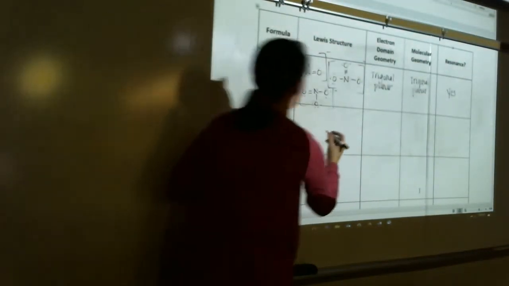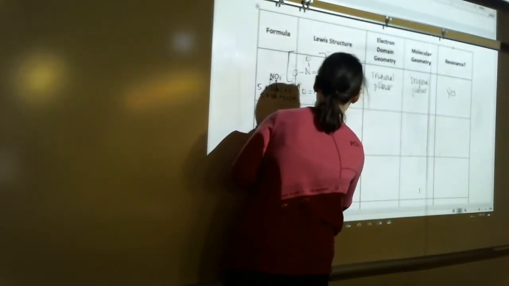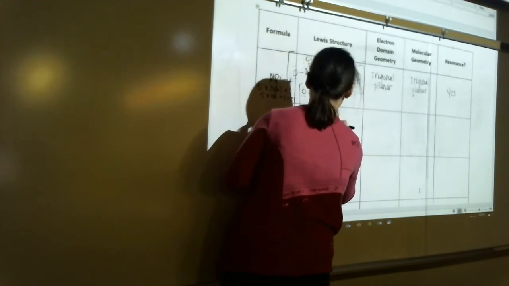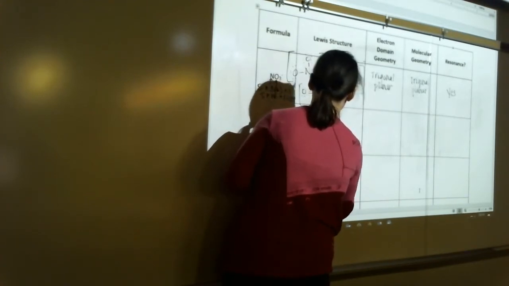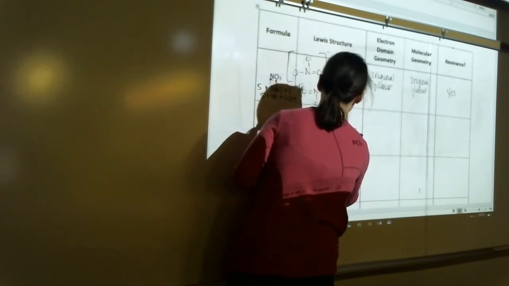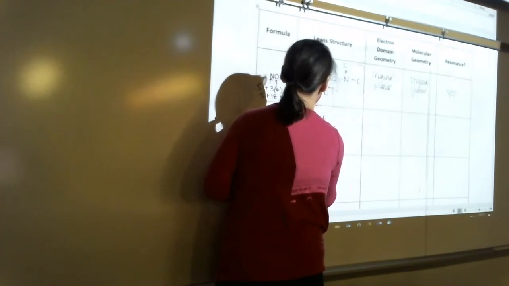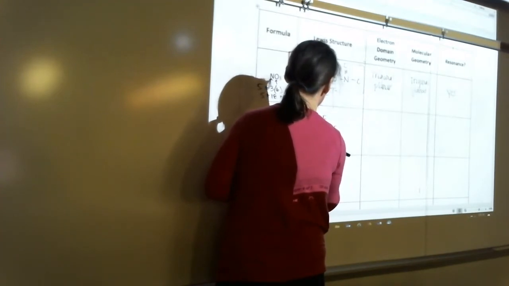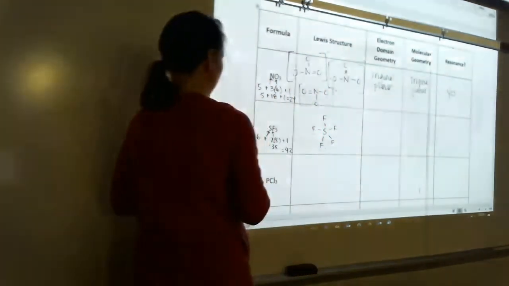Sulfur. Right. 1, 2, 3, 4, 5. Let's do 4, 6, 8, 10, 12, 14, 16, 18, 20, 22, 24, 26, 28, 30, 32, 34, 36, 38, 40.